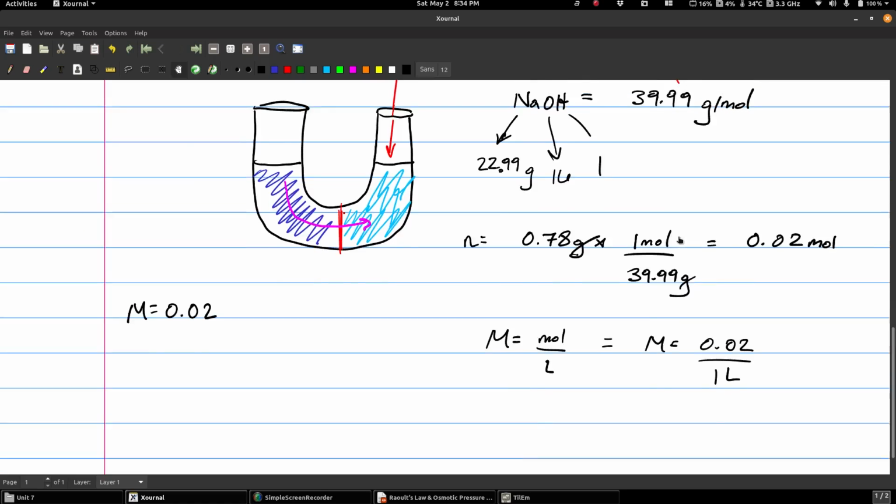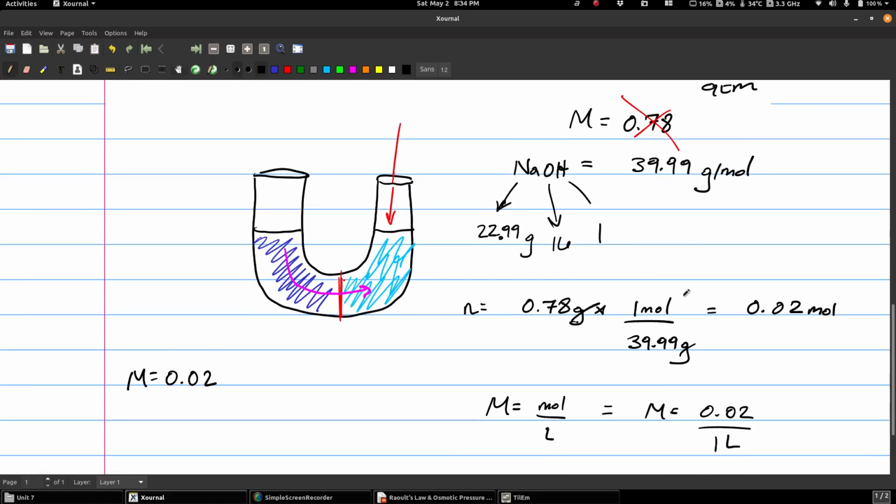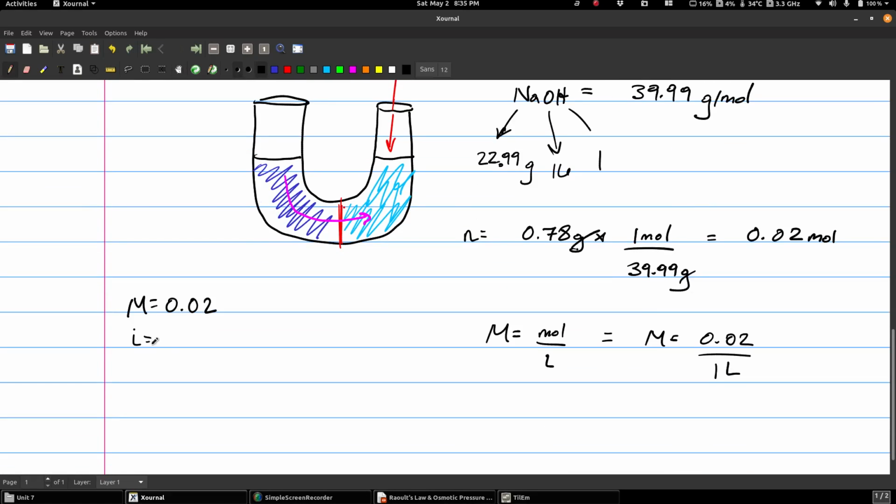Alright, now, I already showed you how to do the van 't Hoff factor earlier for sodium hydroxide. It's 2, but if you want to see it again, I'm going to split this up. So you have 1 and 1, 1 plus 1 equals 2.